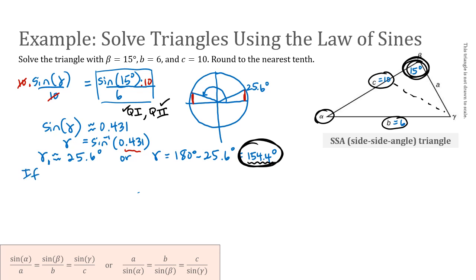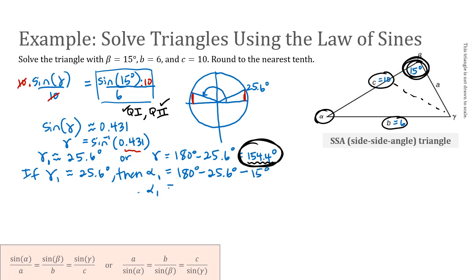So let's write this all out. If gamma is 25.6 degrees, then alpha sub 1 is going to equal the whole triangle minus the 25.6 degrees minus the 15 degrees that was given.